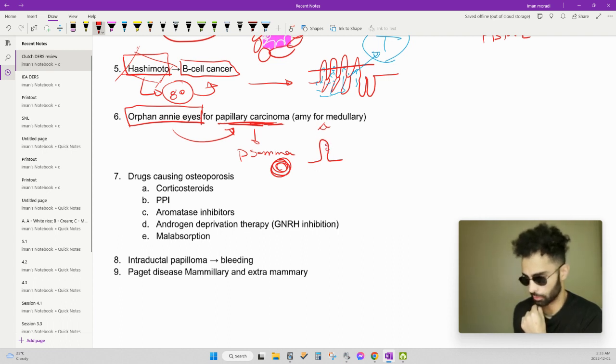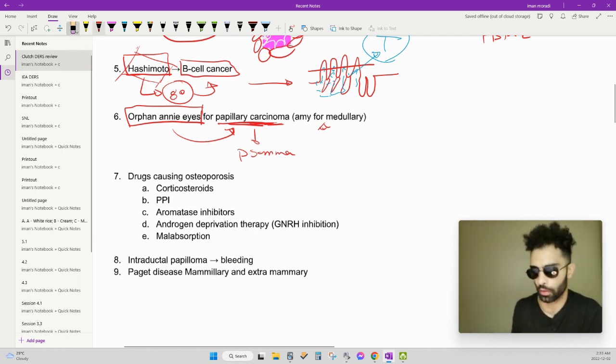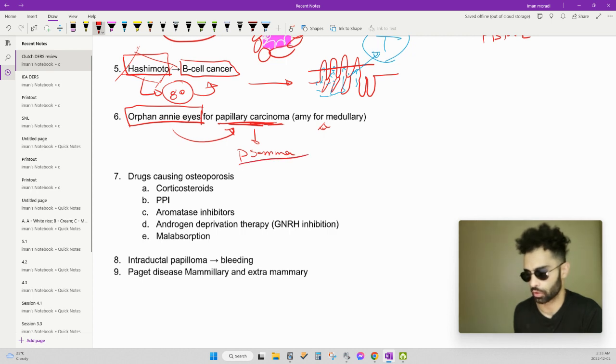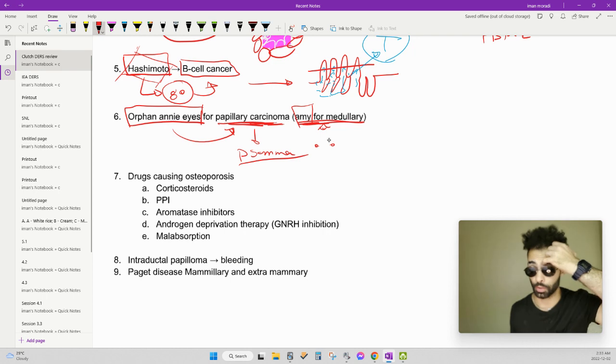These cells keep dying and calcifying, forming calcifications around them, so when you're looking at it from the top, they look like this. Watch out for other names that people, whether on Step or exams, are going to use for psammoma bodies. They could say microcalcifications; anything that sounds like psammoma bodies is psammoma bodies. If it's small circular calcifications, any way of describing that, that's psammoma bodies. And remember also we have amyloidosis for medullary carcinoma, and that is because of production of what? That's because of production of calcitonin.